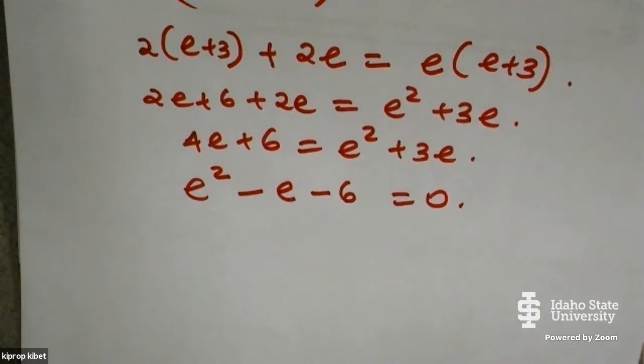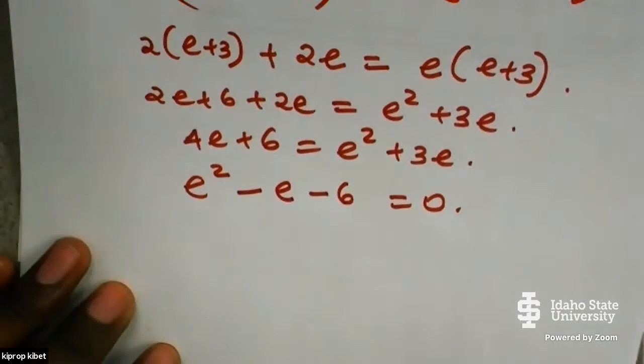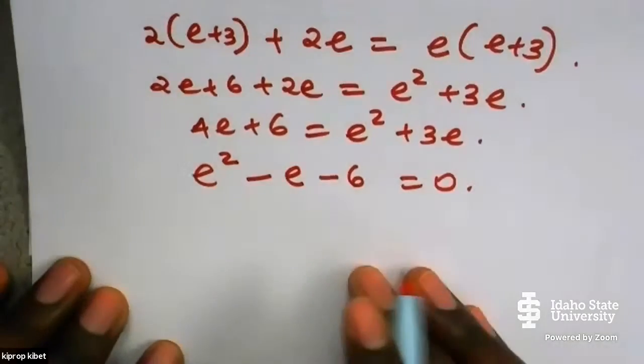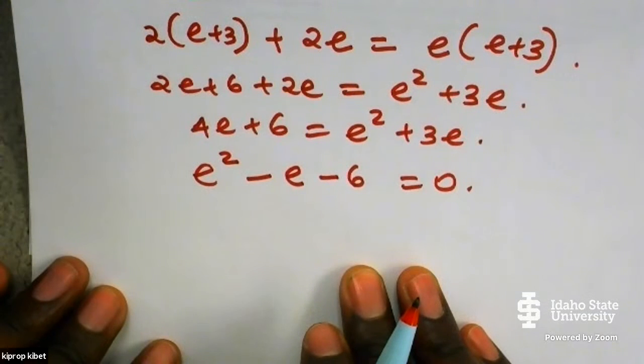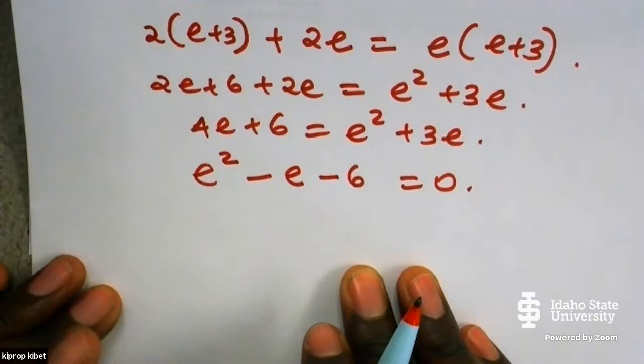Equals to 0. So the product is minus 6. The sum is minus 1. So what are the two numbers? Negative 3 and 2. So one of them is negative, right? The smallest is negative, right?